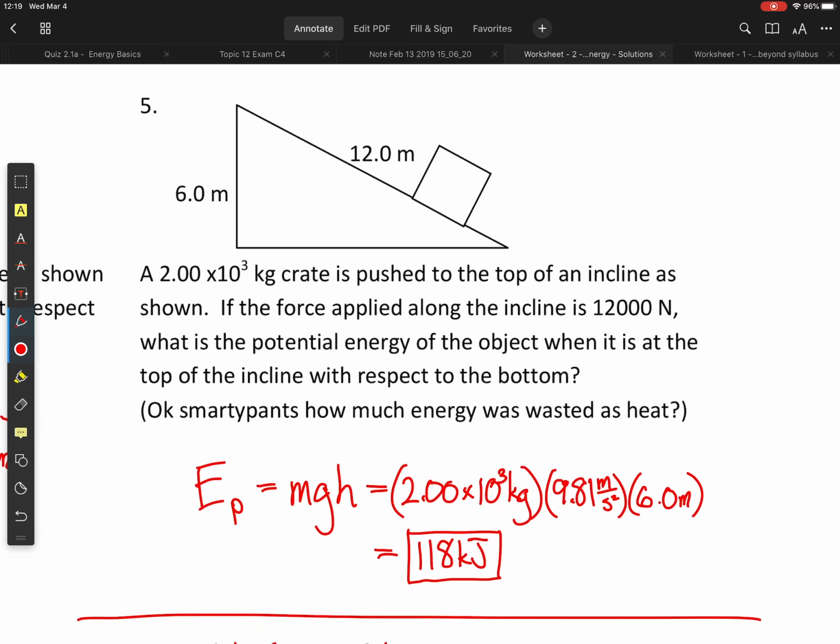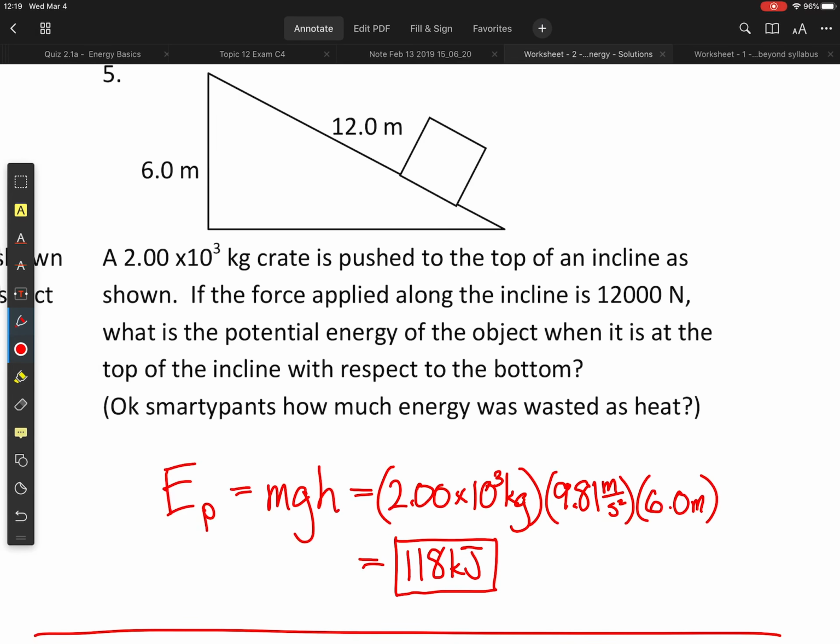For number 5, a 2 times 10 to the 3, 2,000 kilogram crate is pushed to the top of an incline, as shown here. Once again, what is the potential energy of the object when it is at the top of the incline with respect to the bottom?